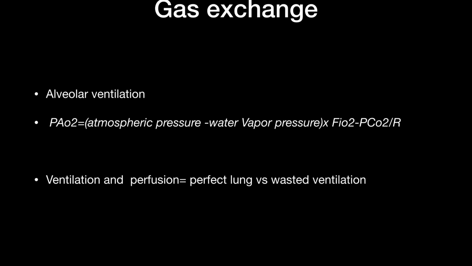Hence, when you write the formula, it becomes atmospheric pressure minus the water vapor pressure, into FiO2, minus PCO2, or the amount of carbon dioxide in alveoli. This is divided by R, which is a constant, around 0.8 to 1.